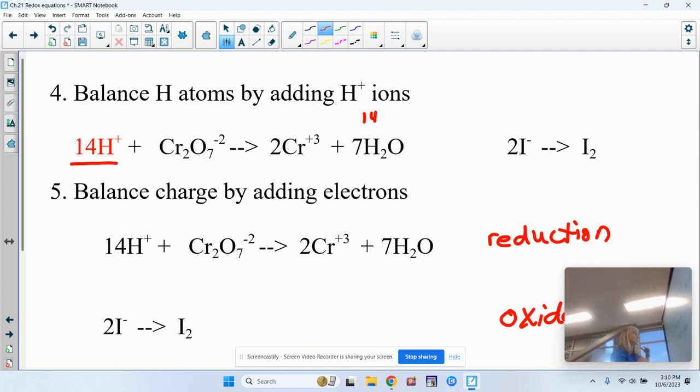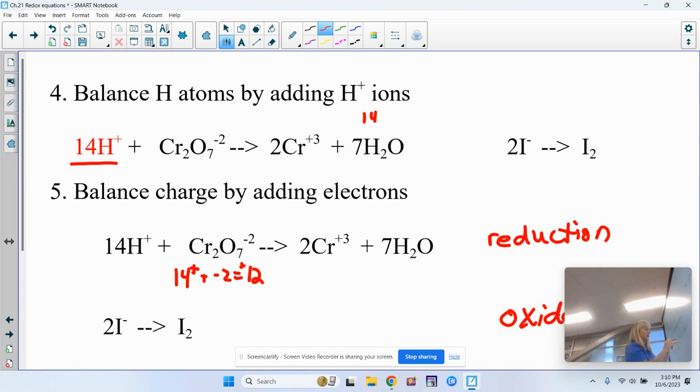All right, next step, balance the charge by adding electrons. So we can only add electrons. We can't take away anything. We can't add positive charges or whatever. So first, add up the total charge. There's 14 pluses in here, plus a minus 2. That means that the total charge on the reactant side is plus 12.